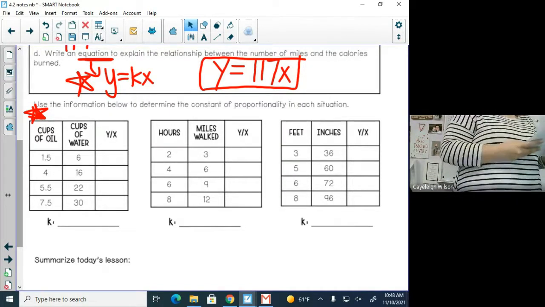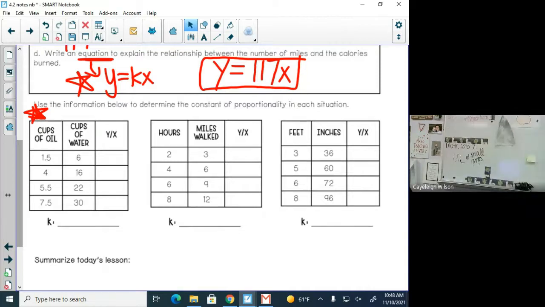Yeah, so in a table like this, the x is always on the left, the y is always on the right. Just do that first one that I started.